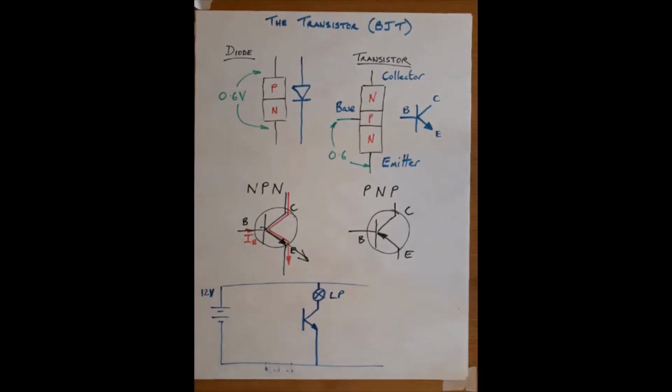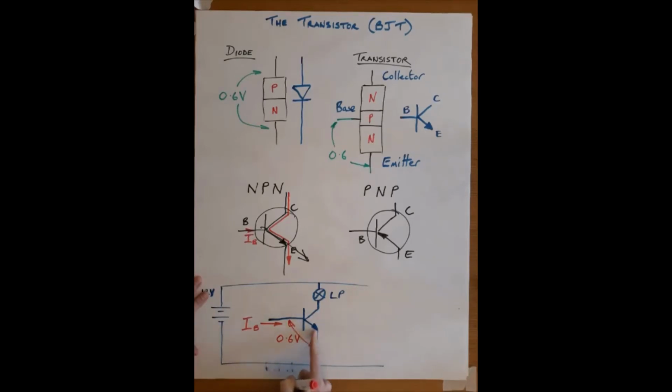So what we need to do is we find a way of passing a small current into the base. For this to flow, we will have 0.6 volts there.